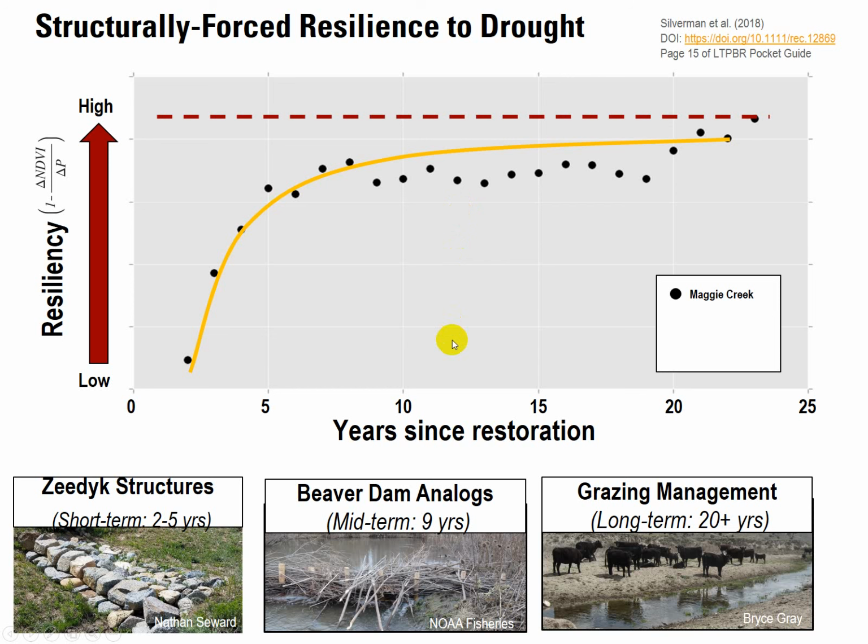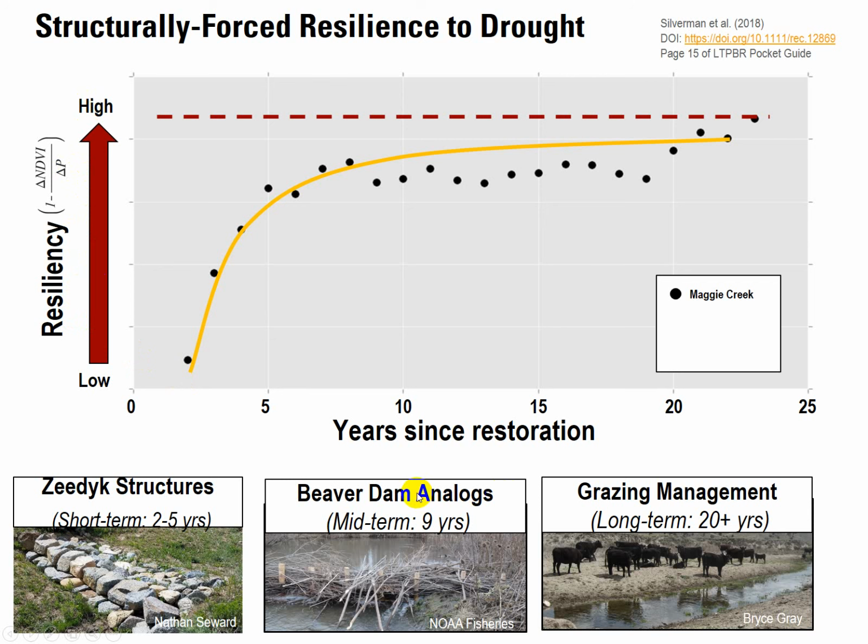So this is an example that I'm not going to actually go through. I'm just going to encourage you to check out Jeremy's talk on this in Module 2 tomorrow, when he expands on resiliency. But basically what we have here is resiliency defined on the vertical axis, years since restoration.